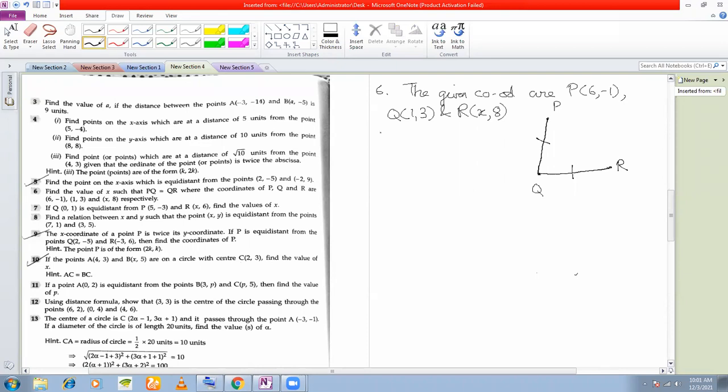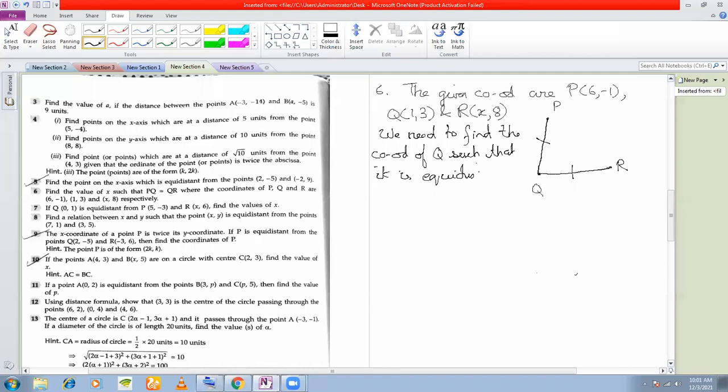So we need to find the coordinates of Q such that it is equidistant from P and R. That is, the distances of Q from P and R are the same.